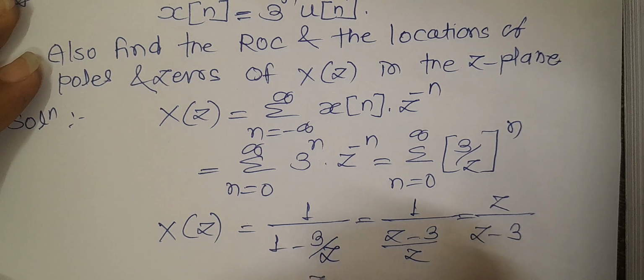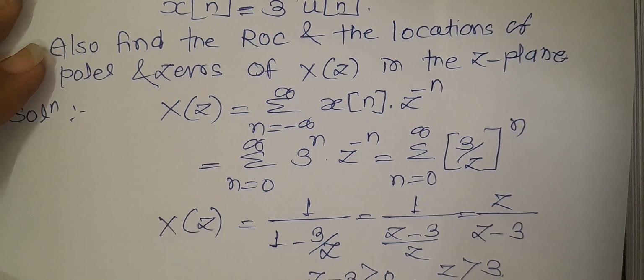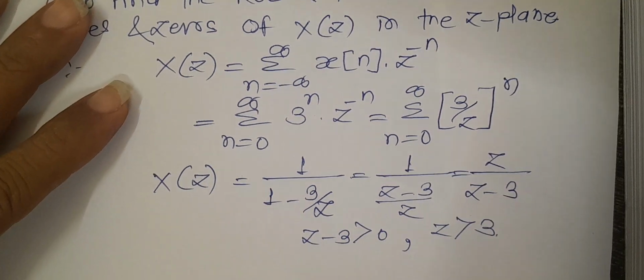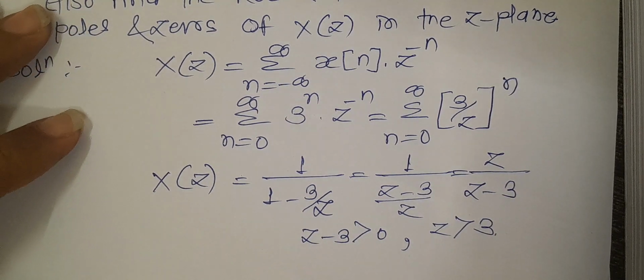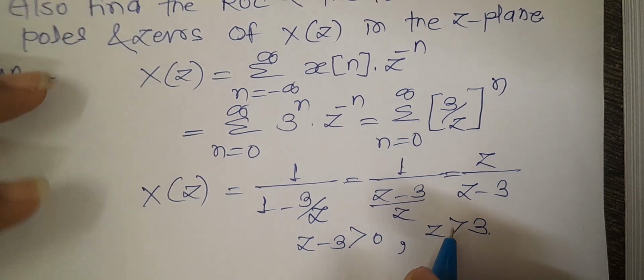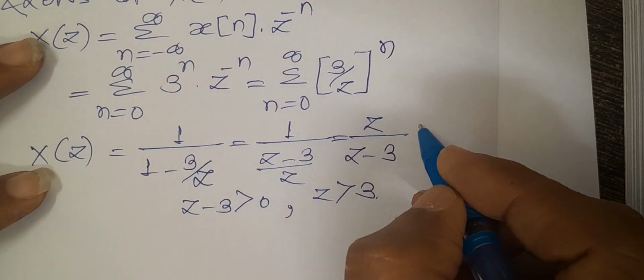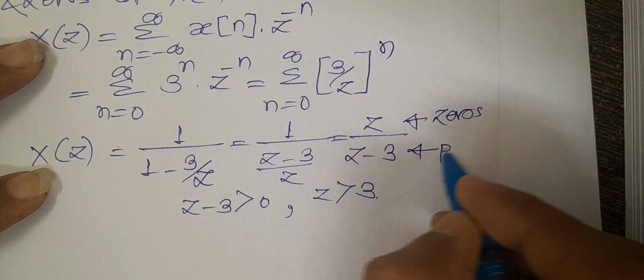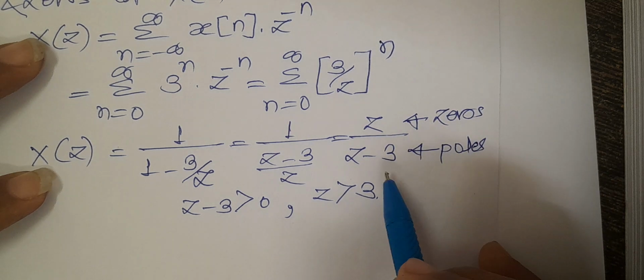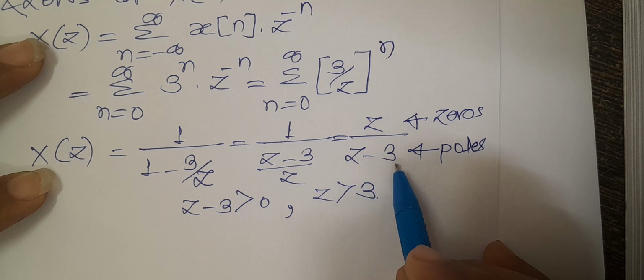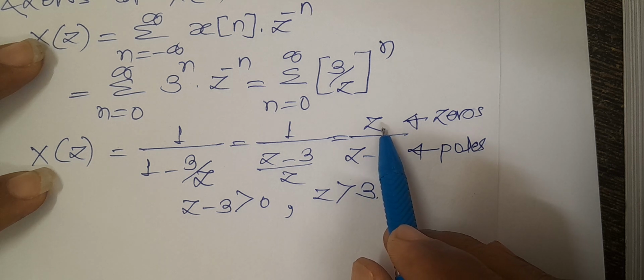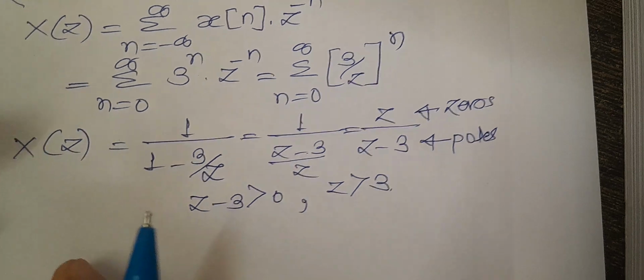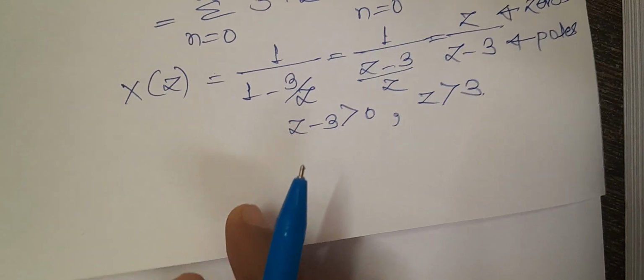So z minus 3 is greater than 0, therefore the magnitude of z is greater than 3. Therefore this is the zero, these are poles. So there is one pole at z equal to 3 and one zero at z equal to 0.